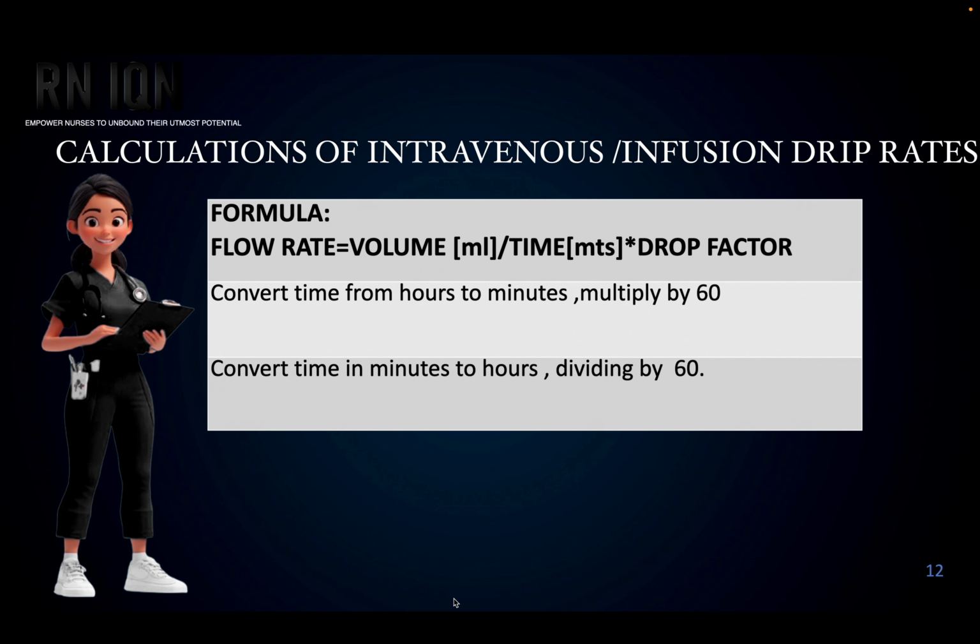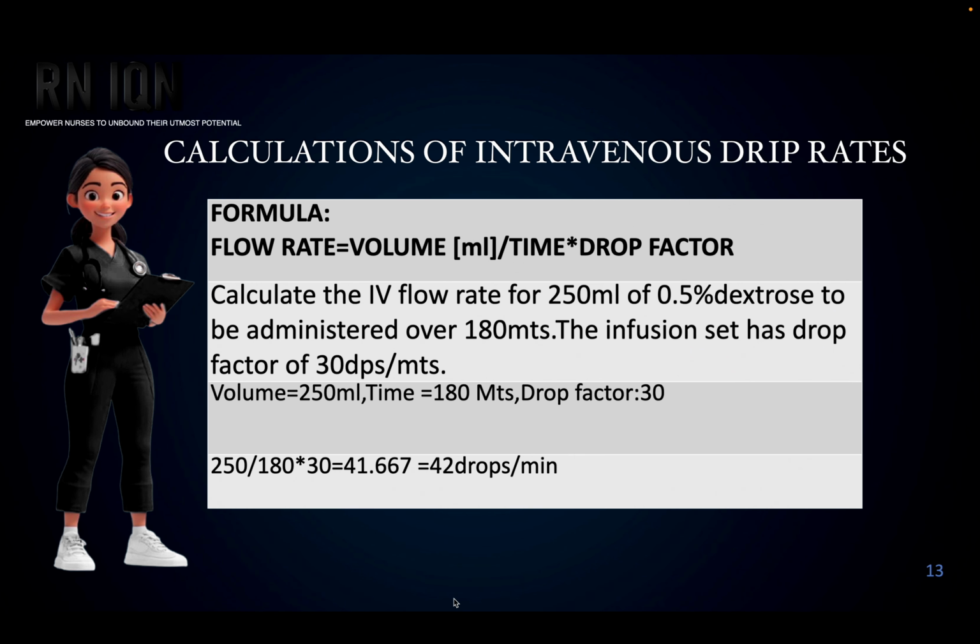Okay, let's see an example. Here you have to calculate the IV flow rate for 250 ml of 0.5 dextrose to be administered over 180 minutes. The infusion set has a drop factor of 30 drops per ml.